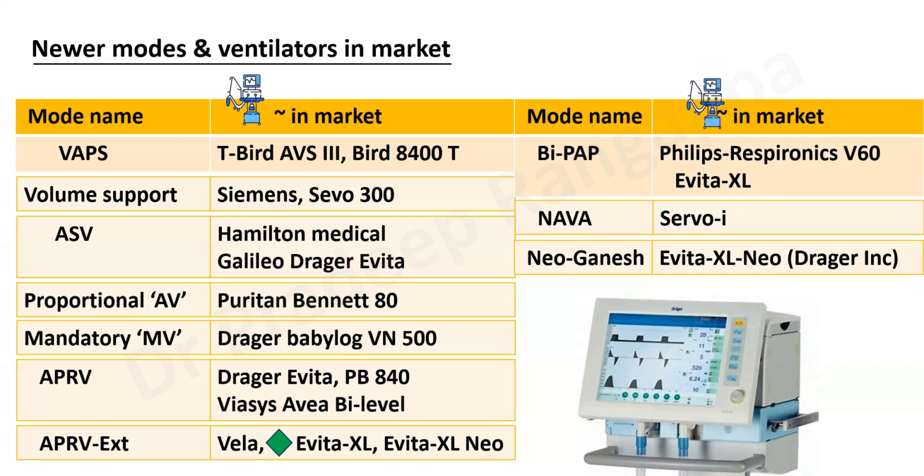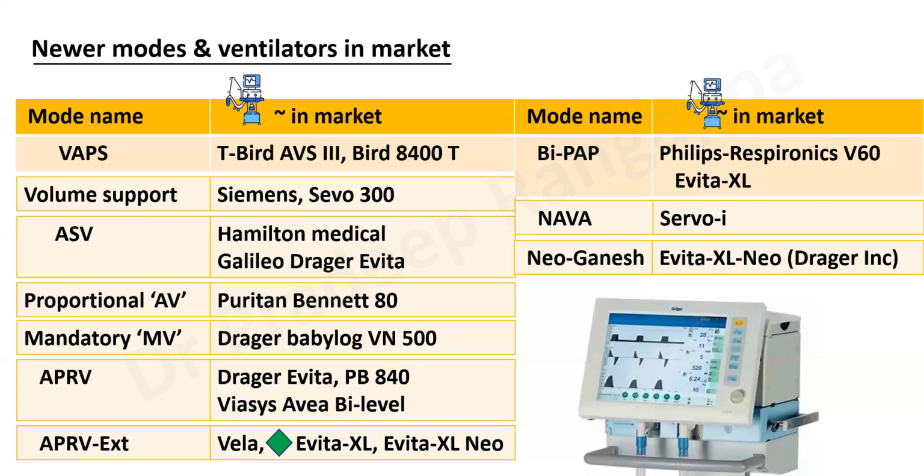So the future is AI incorporated ventilators, the next version of your advanced modes of ventilation, where you really don't have to do anything. You just connect the ventilator to the patient, and it automatically decides what mode the patient has to be in, what flows and tidal volumes have to be set. They calculate resistance and compliance and set it. So things are getting much more simplified now with advanced modes of ventilation.